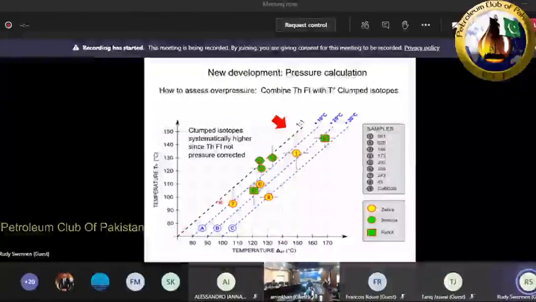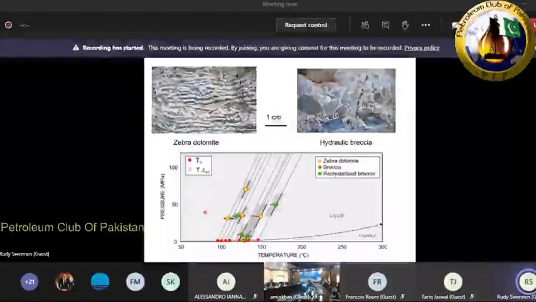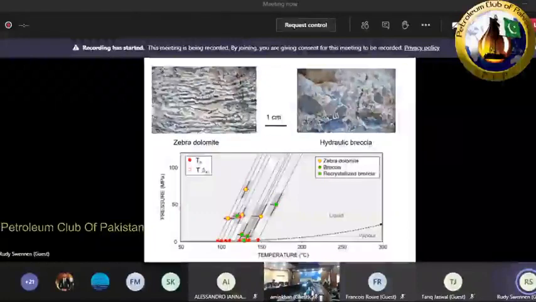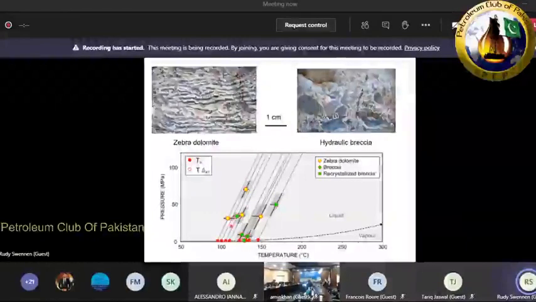You can see that for the different components that we studied, I will show them immediately, they plot below the 1-to-1 line. So that means that the clumped isotopes give higher temperature than the homogenization temperature. And if you accept that this is related to the compensation that you have to calculate for the pressure correction, you can calculate the pressure based on these graphs.